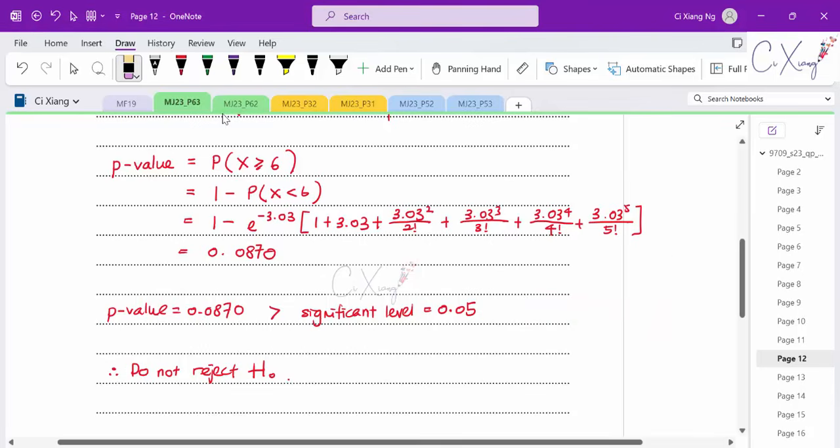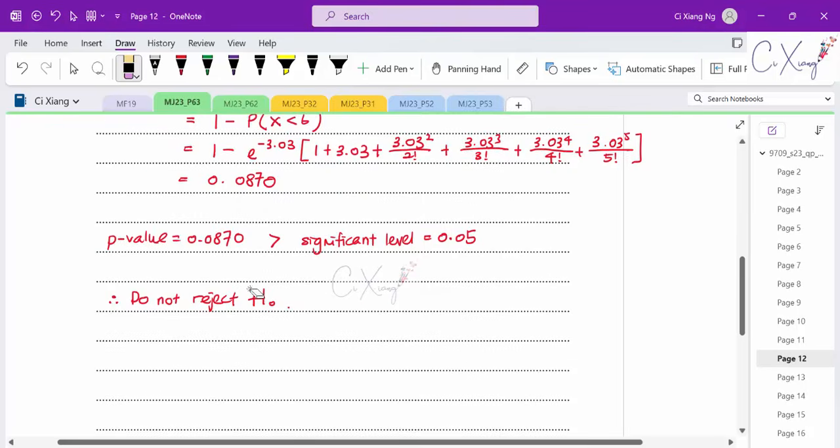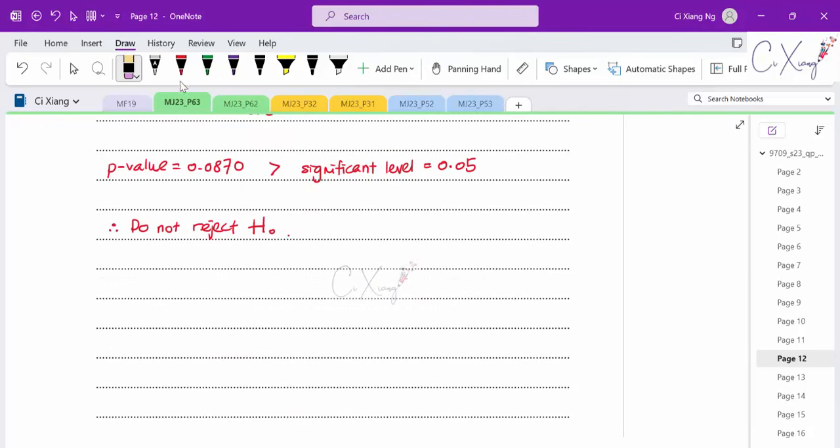Then we have already made a simple decision, which is do not reject the null hypothesis. This is not enough. We have to make a conclusion as well. So what is the conclusion here?